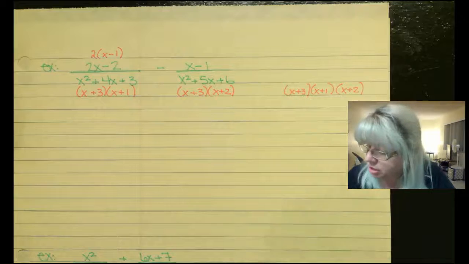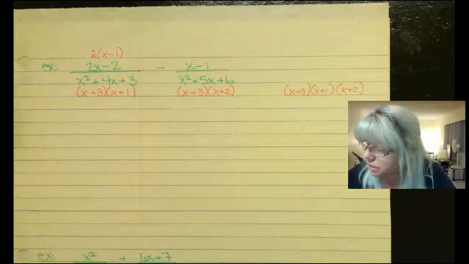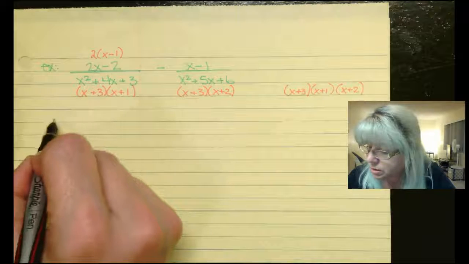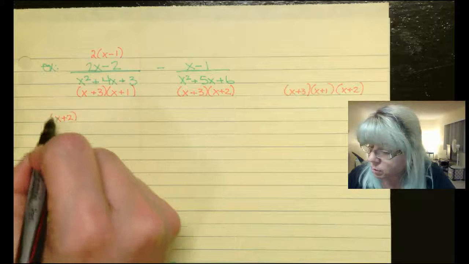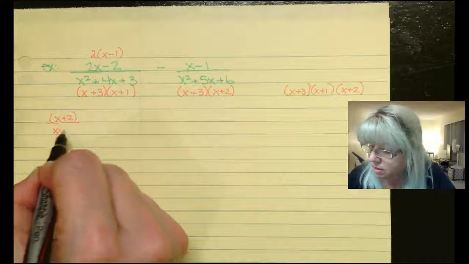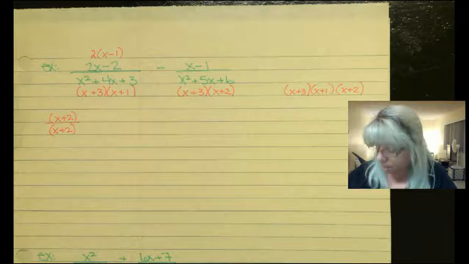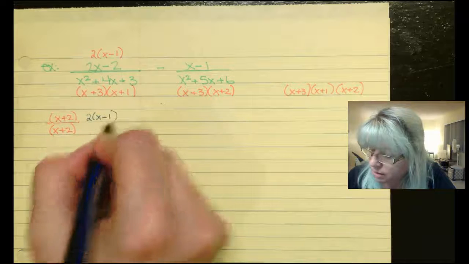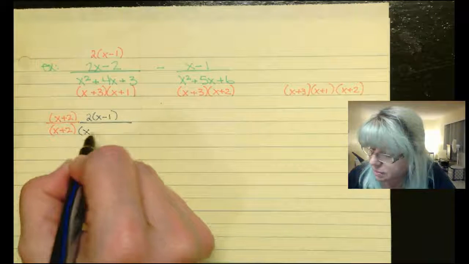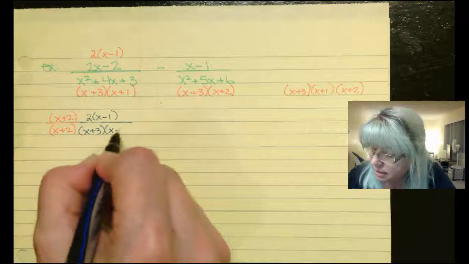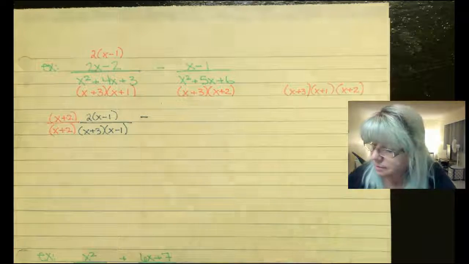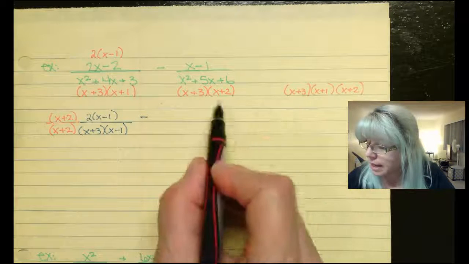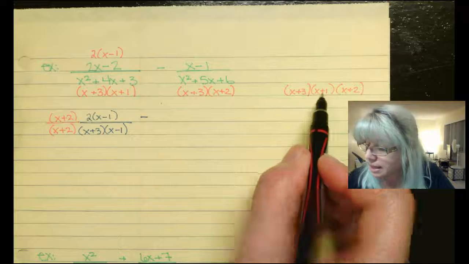All right, let's change colors here. The first term has the x plus 3 and the x plus 1, but it doesn't have the x plus 2. So I'm going to multiply both the denominator and the numerator with x plus 2, giving me 2 times x minus 1 all over x plus 3, x plus 1, minus, okay, second term has the x plus 3, has the x plus 2, but does not have the x plus 1.